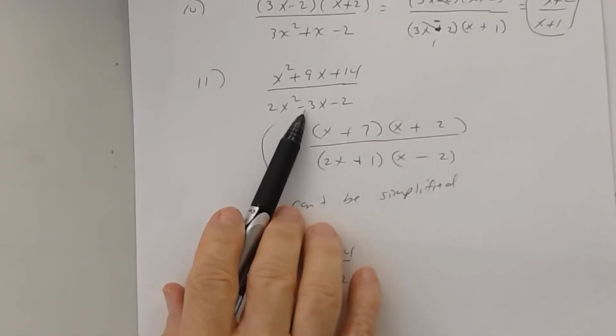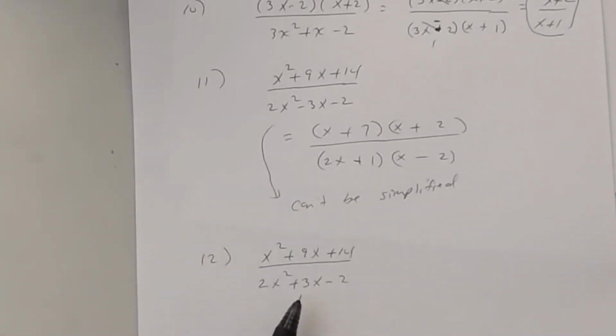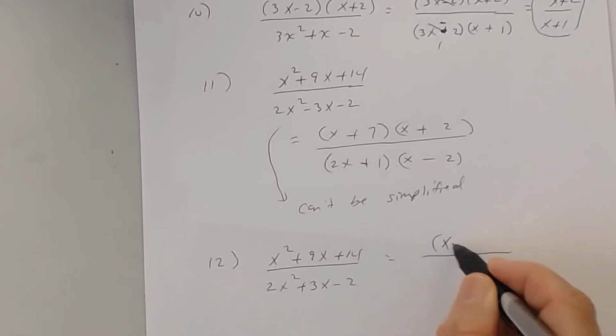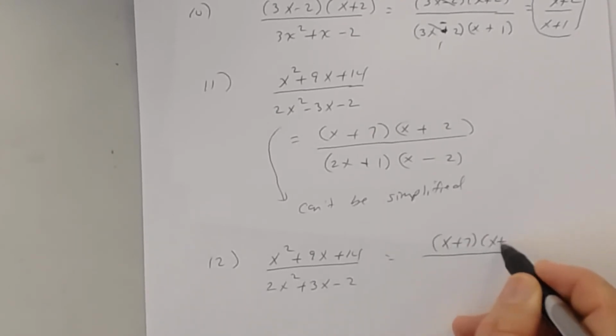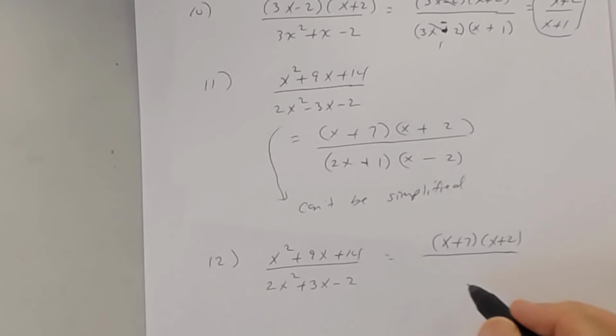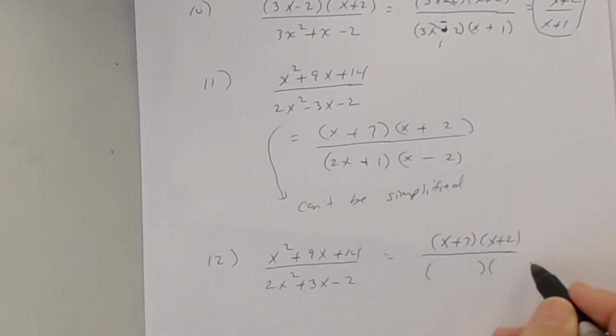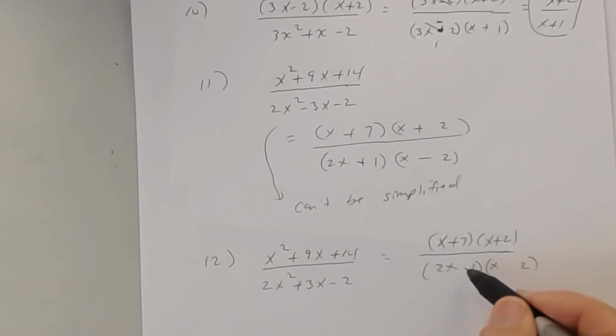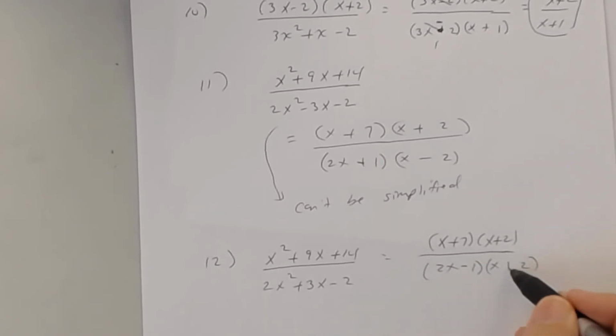The first one, it was a negative 3x. This one's a positive 3x. So when I factor it, the numerator stays the same: x plus 7 times x plus 2. But when I factor the denominator, that's 2x, x, 2 and 1 again. But this time, it's going to be 2x minus 1 and x plus 2.